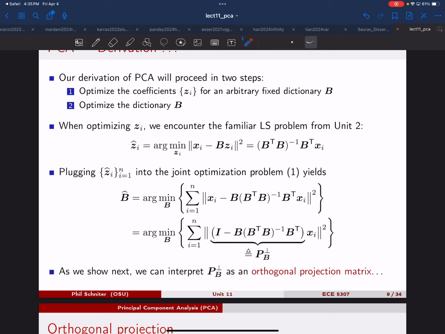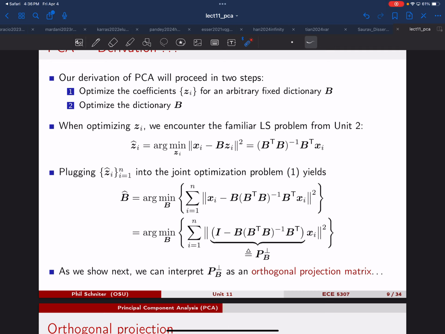We can write this in a slightly different way. We have two things multiplying xi, so I could write this as the matrix I minus this, times xi, right? Because if I multiply that through, xi times identity is xi, and xi times this is this over here.